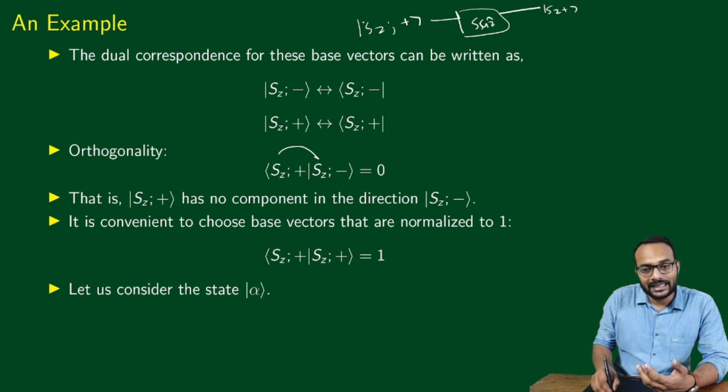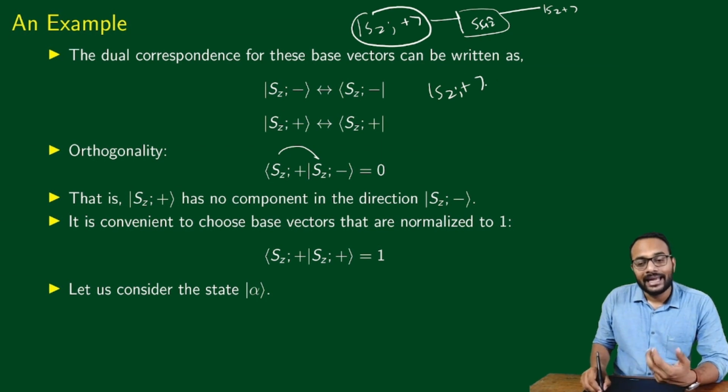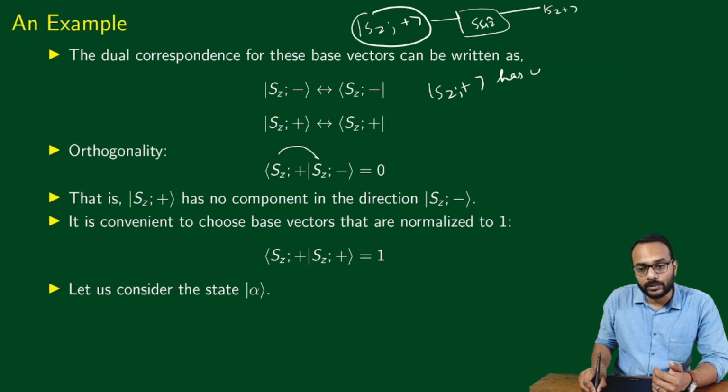This means that Sz plus has no component along the direction Sz minus. Based on this experiment, we can postulate that ket Sz plus has no component along the direction Sz minus, if you like.